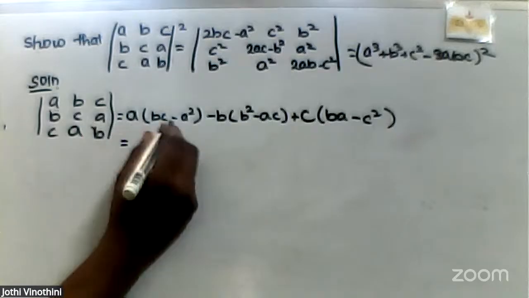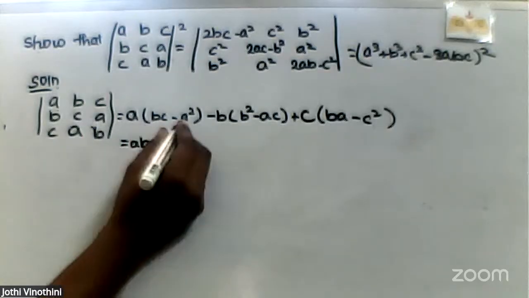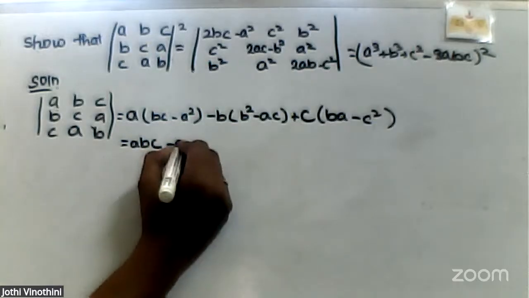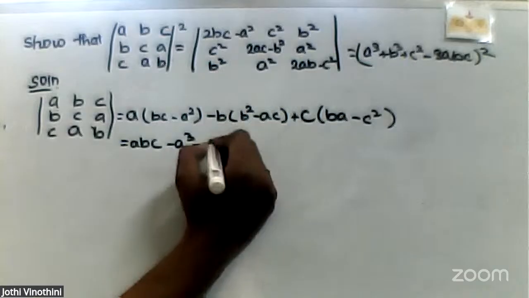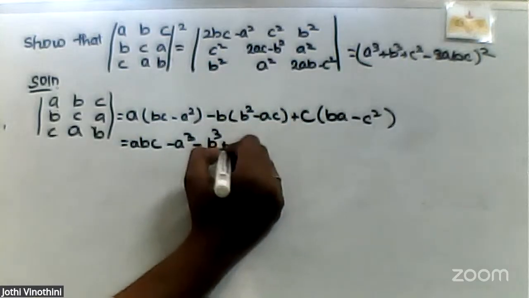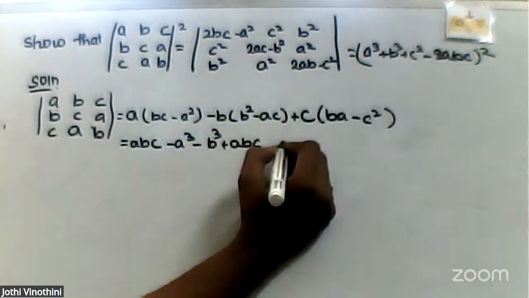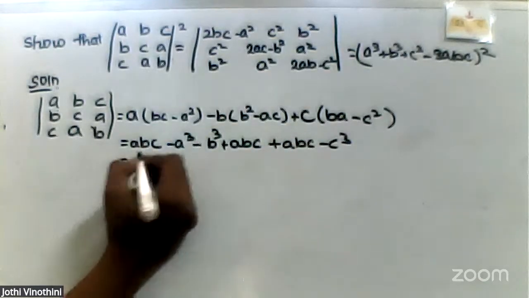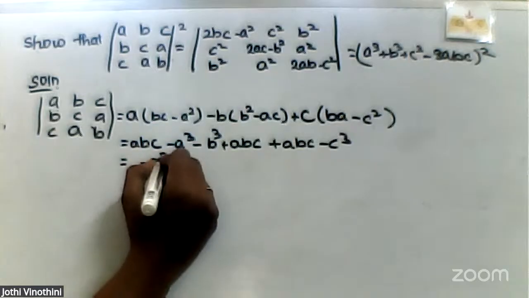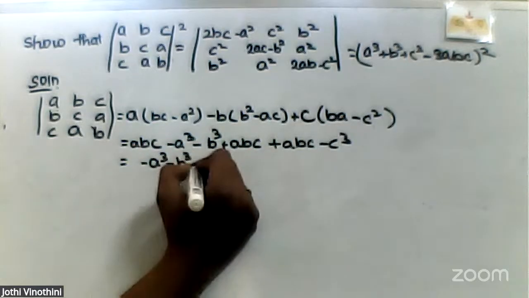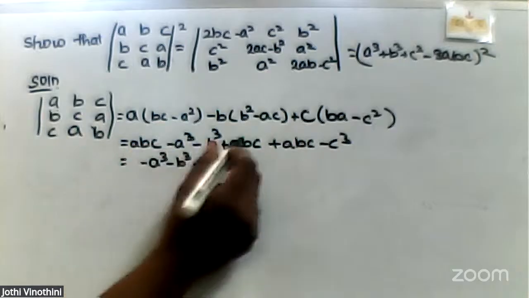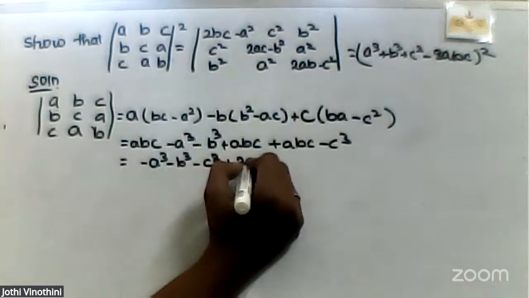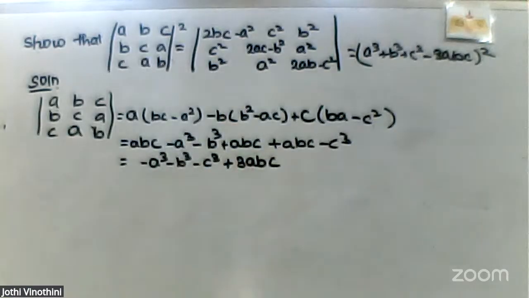So now I'm going to take this A within this. So it will be ABC minus A cube minus B cube, minus into minus plus. So ABC and plus ABC minus C cube. So I'm going to write like this: minus A cube minus B cube minus C cube. Here an ABC, here an ABC, here an ABC. So here we can write it as 3ABC, right?